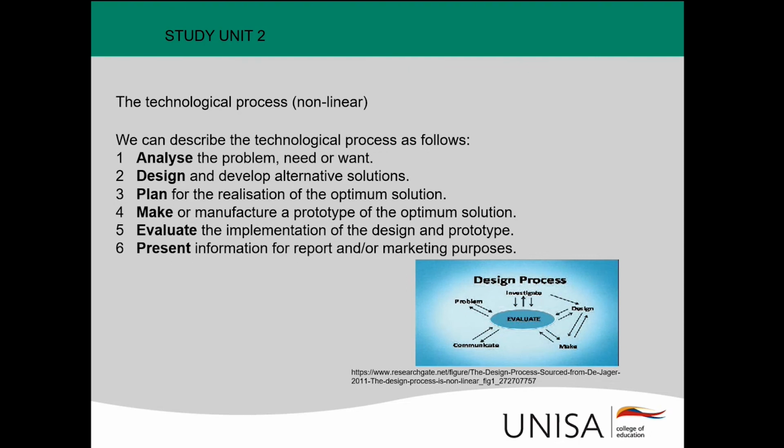I have also included a diagram to show, as I indicated, that the technological process is non-linear. Again, as you look at the diagram, you can see that evaluation is centered.